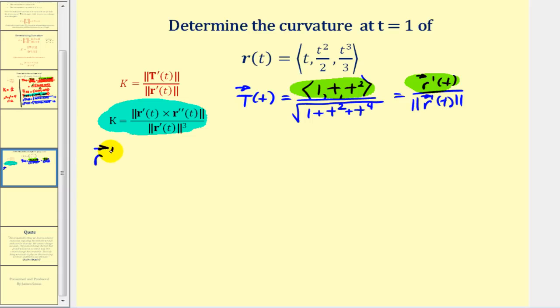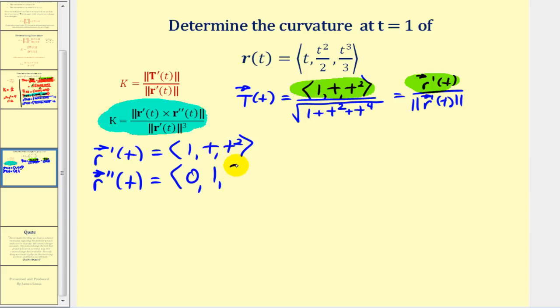R prime of t has components 1, t, and t squared, and r double prime of t would be 0, 1, and 2t. So to use this second formula, what we're going to have to do is cross r prime of t and r double prime of t, and then find the magnitude, and then divide that by the magnitude of r prime of t raised to the 3rd power.